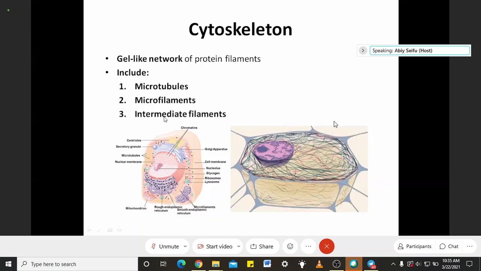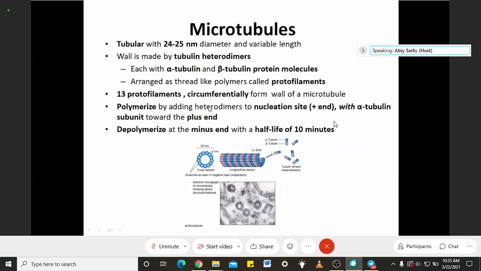One of the organelles of these filamentous proteins is the microtubules. These microtubules are tubular structures with a specific diameter of about 24 to 25 nanometer, but variable length.